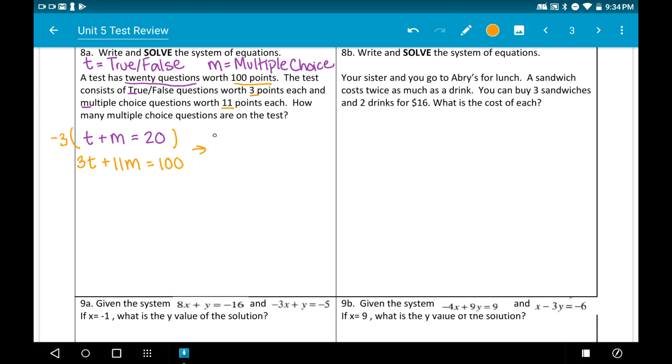So negative 3 times 1t is negative 3t. Negative 3 times m is negative 3m. Negative 3 times 20 equals negative 60. And this bottom one will be unchanged, so I'm just going to rewrite it.